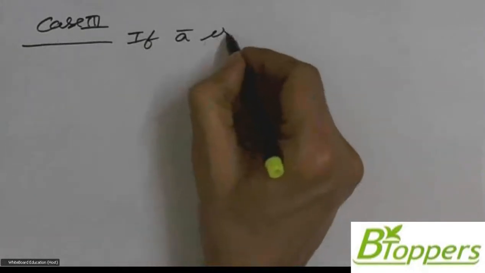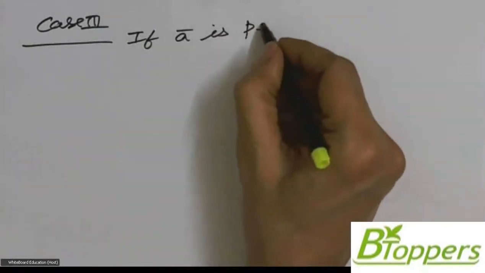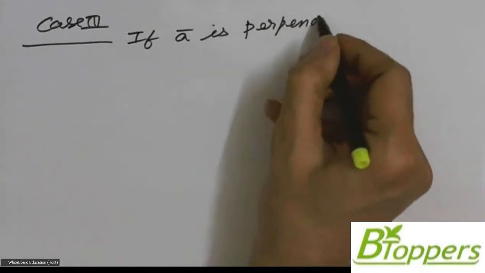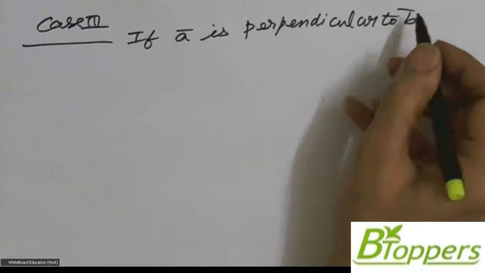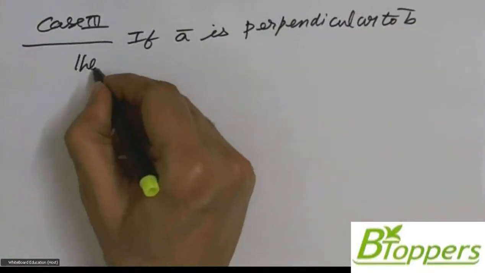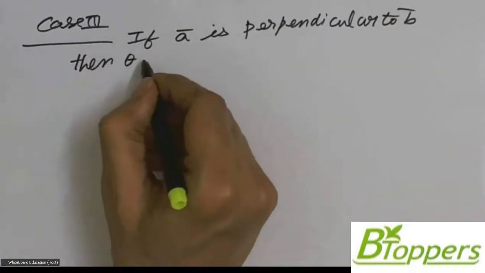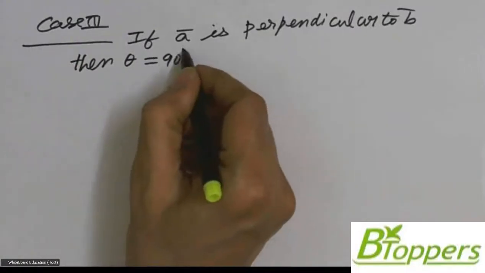Suppose a vector a bar is perpendicular to vector b bar, and the angle theta between the two vectors a bar and b bar is 90 degrees.